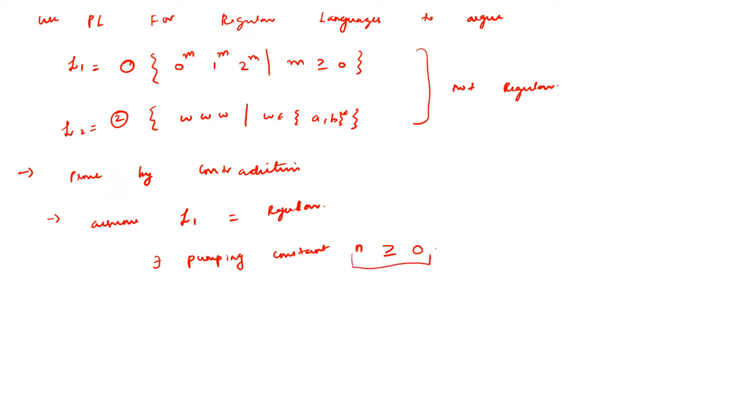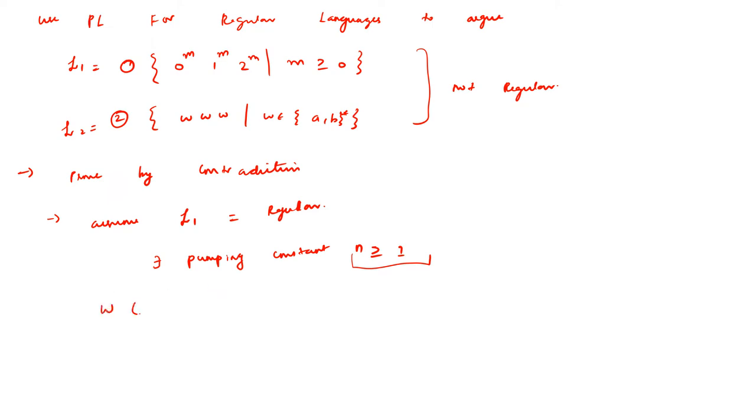Sorry, I'm not very sure if n should be greater than or equal to 0 or 1; please verify. Nonetheless, you have a pumping constant n. For this example, let's take n greater than or equal to 1.